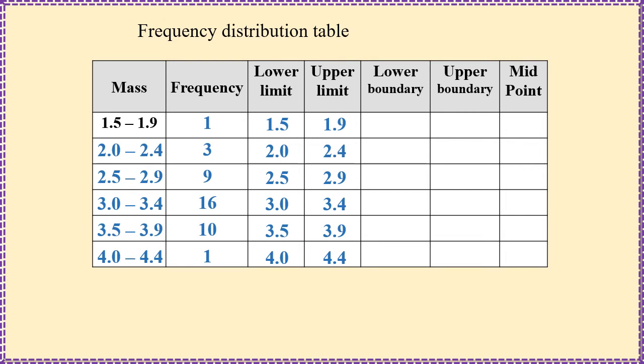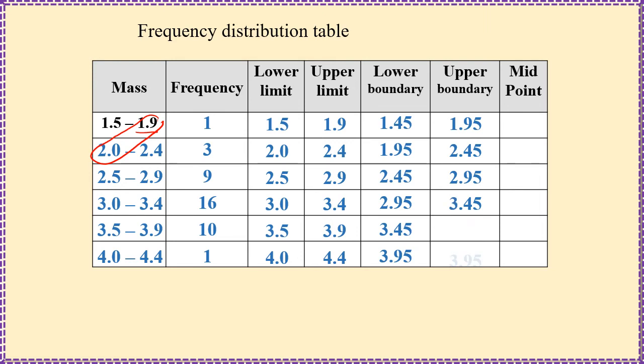How about the lower boundary? First, we need to find the upper boundary of the first class. We just add the upper limit of the first class with the second class lower limit. So 1.9 plus 2.0 divided by 2 is 1.95, and so on. We can calculate also the lower boundary. If we notice, 1.95 is just adding 0.05.